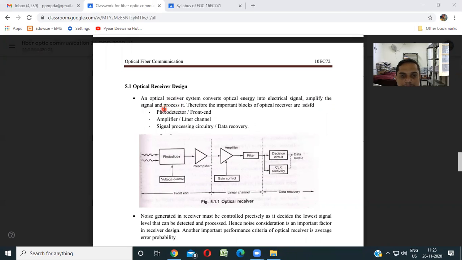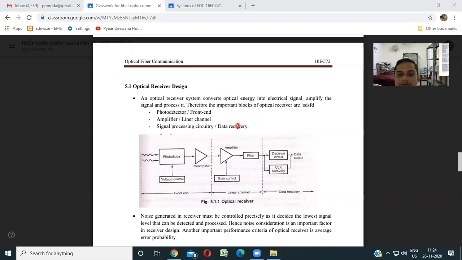Many noises are present, such as shot noise, thermal noise, quantum noise, and dark current. Also the ISI effect and the intermodal distortion. These are some of the distortions or losses. These are the different noises that may be present in the signal received at the receiver side. These are unwanted electrical signals.